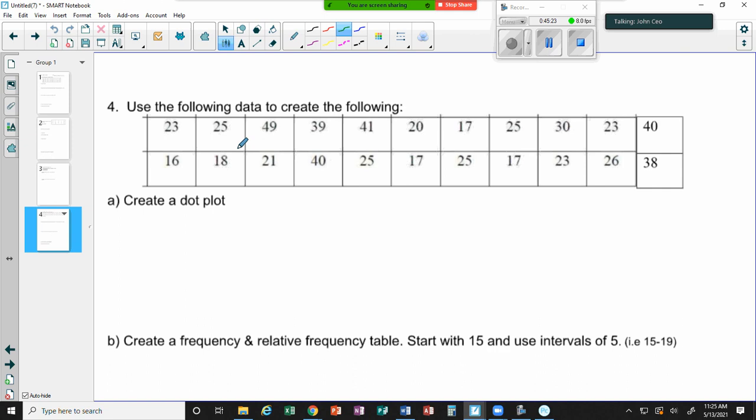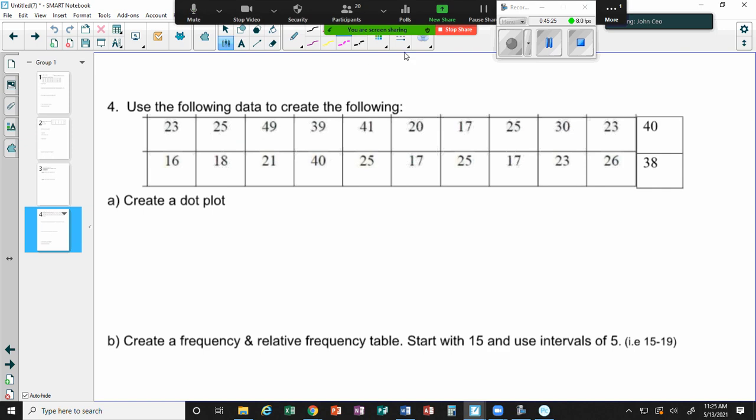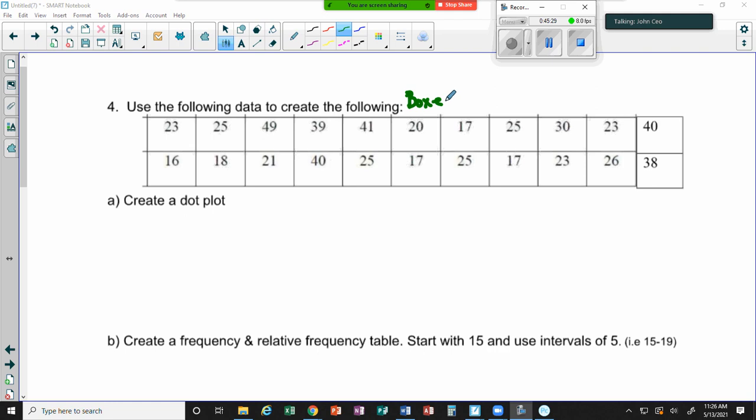All right, someone's come up with something. So we had a volunteer: boxes of cookies sold. All right, so create a dot plot.